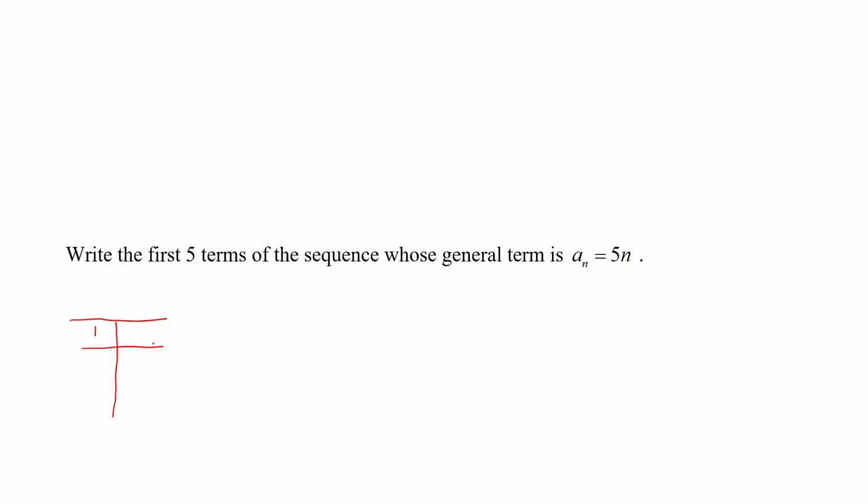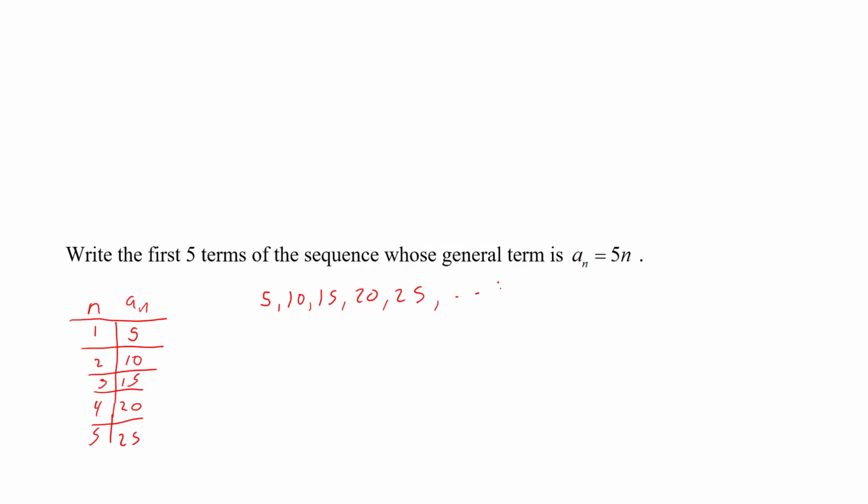So we could make a table, n and a sub n, and we put 1 into the formula and get 5, 2 times 5 is 10, 3 times 5 is 15, 4 times 5 is 20, and 5 times 5 is 25. But rather than making a table, we can just list out the terms, because it's understood that the first one is the output when the input is 1, the second one is the output when the input is 2: 5, 10, 15, 20, 25.